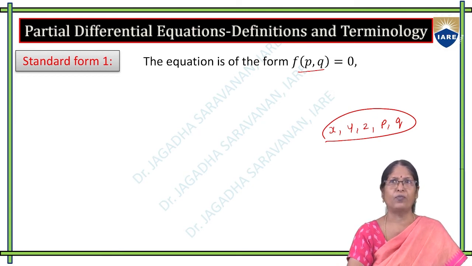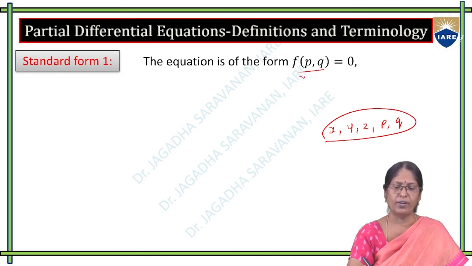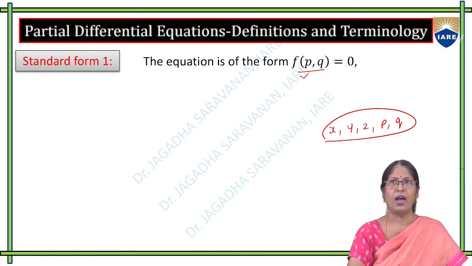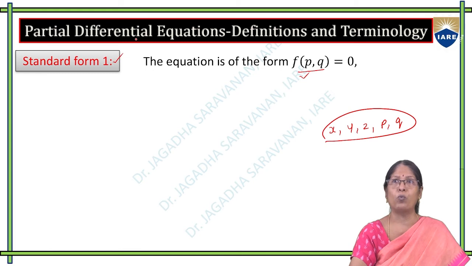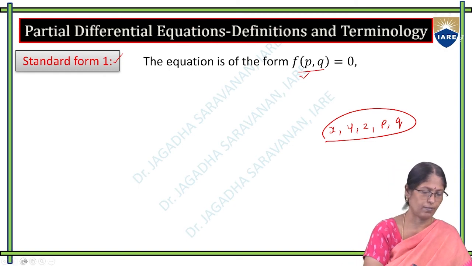The first standard form to remember: if the function has only p and q among these 5, we will select standard form 1. After selecting standard form 1, we have to follow the steps connected to standard form 1 to get the solution of the required equation.